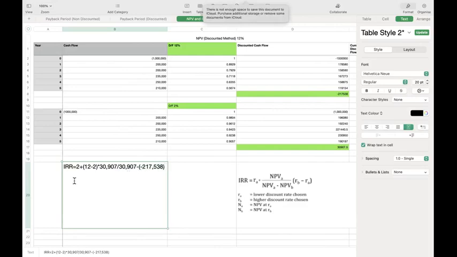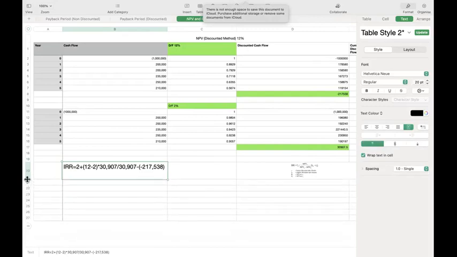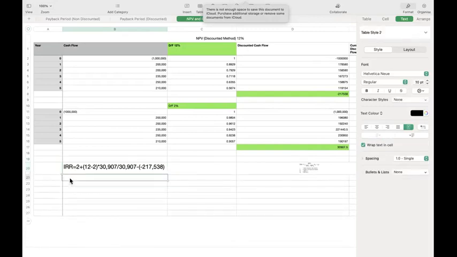Now let's calculate step by step. IRR, we have 2. The next step is to calculate the IRR.